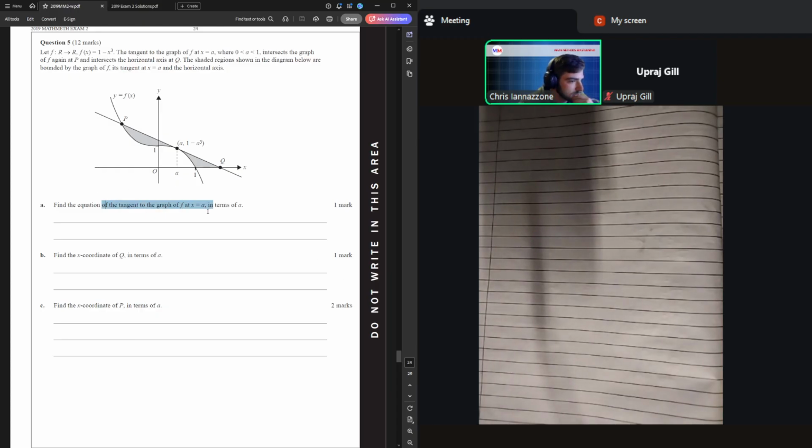Question 5. Equation of the tangent to the graph of f at some point x equals a. They've put a little spot there to give you an idea of where a could be, but as long as it's between 0 and 1, we're happy. I don't think the whole 0 to 1 thing is going to matter as far as the procedure.